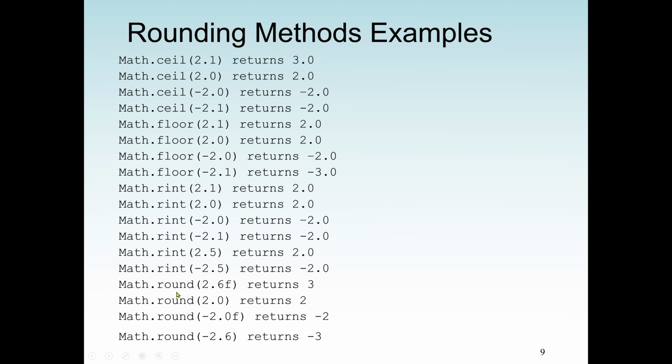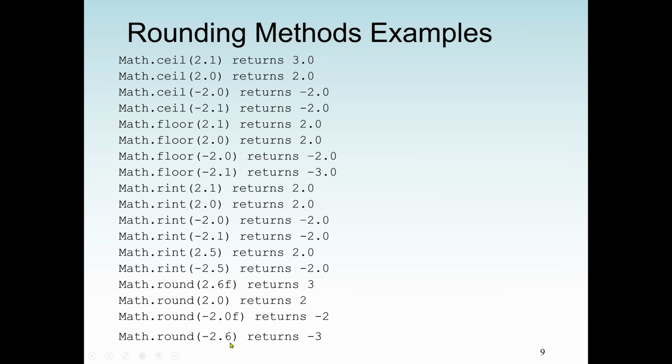But if we have round of 2.6, that would be 3 because 2.6 plus 0.5 will give me 3.1 and it's converted to int. Now 2.0 will give me the same 2, negative 2.0 will give me negative 2, but negative 2.6 will give me negative 3. Here we are not rounding it up or down, we are approximating it.